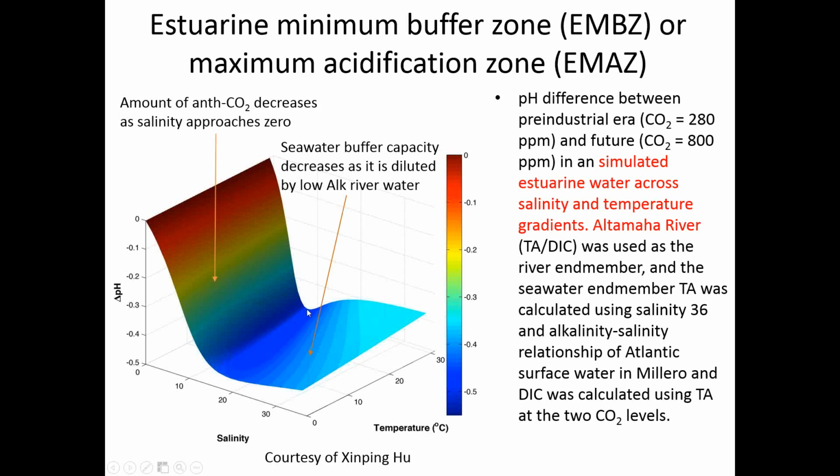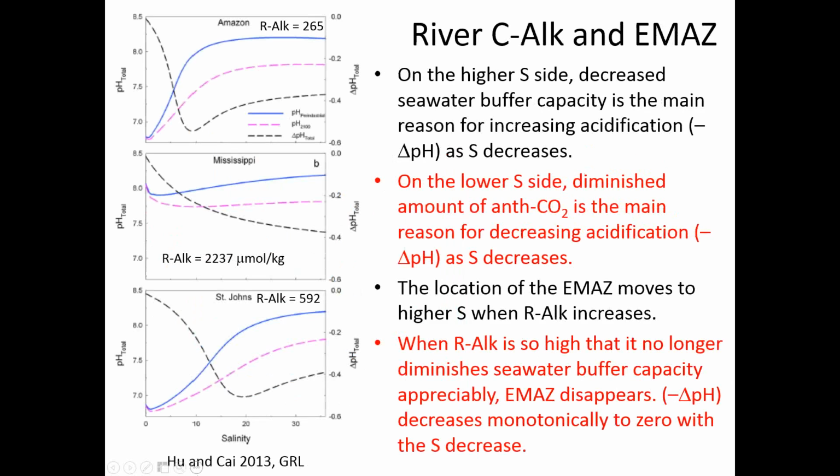So there's one area, what Xinping called the estuarine minimum buffer zone. And last night when I was preparing this, I said maybe we can call that a maximum acidification zone, estuarine maximum acidification zone. And then Xinping went ahead to present 3 cases.